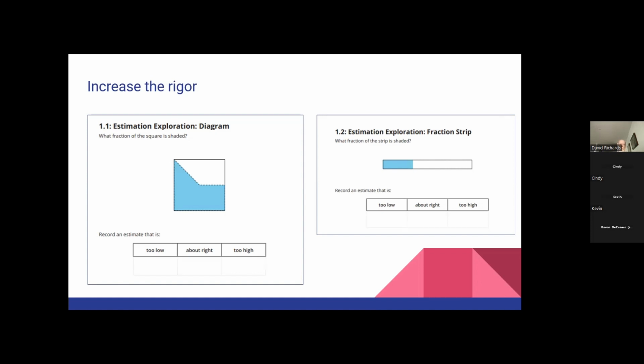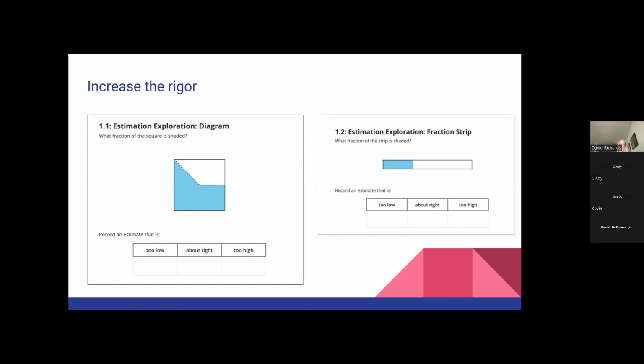What fraction of the square is shaded? Underneath, I really love that it says record an estimate that is too low, about right, and too high. This forces our students to make a decision, right? It forces them to push their critical thinking as far as they can push it.